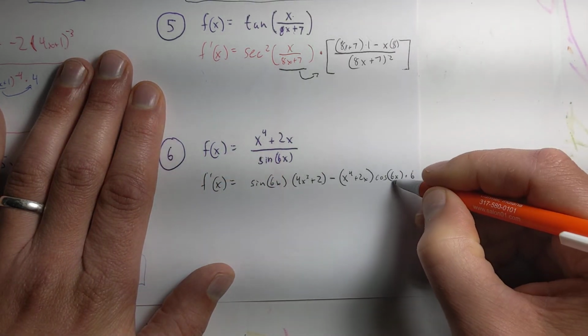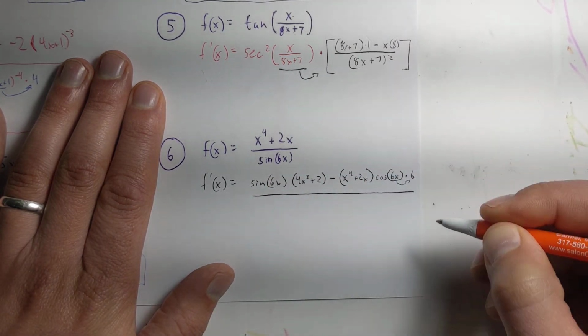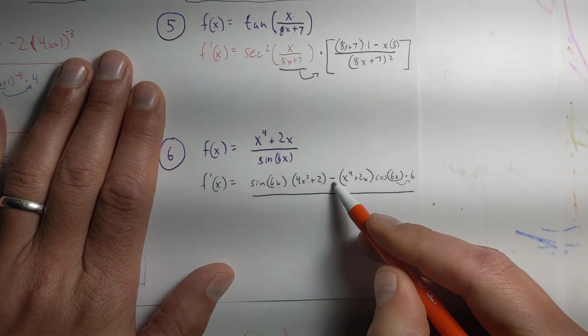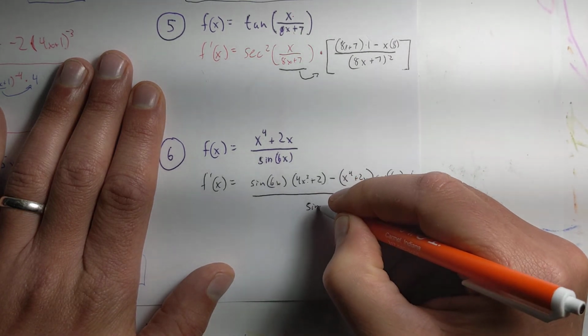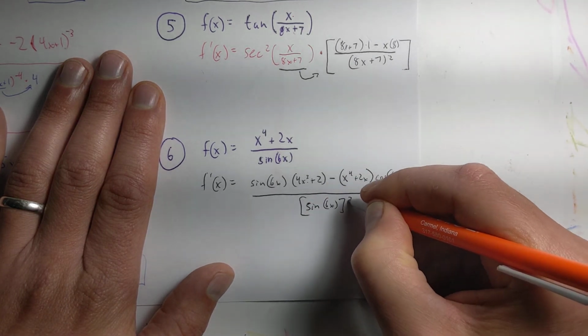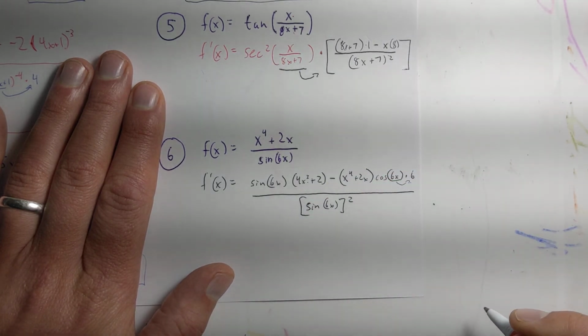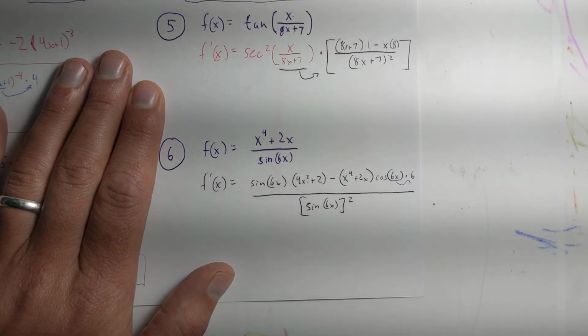So that's where the chain came in, right there. So low d high, minus high d low, all over low, low. Sine of 6x squared. And no, I'm not going to simplify that. I'm going to leave it just like that.